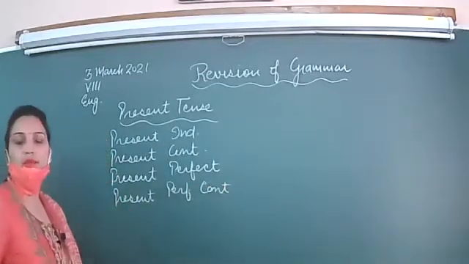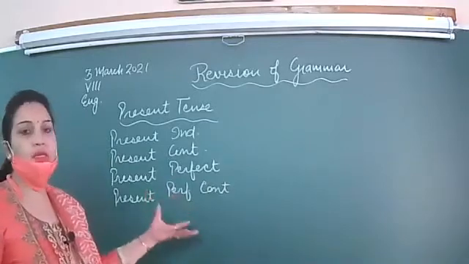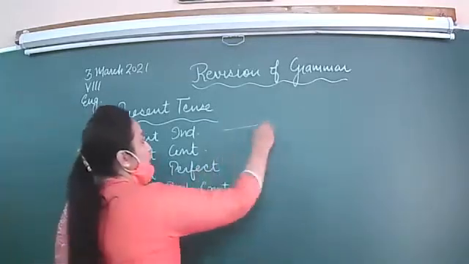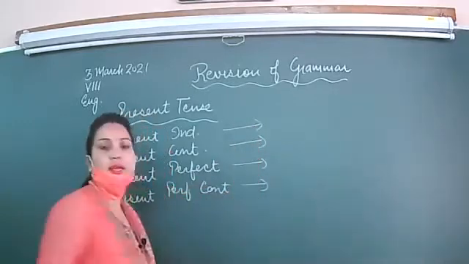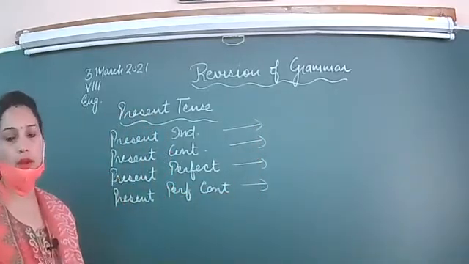You have done these tenses many times, but just recall the rules of what is to be used here. After that I will be taking exercises from your grammar book, so that you can revise and do it side by side.